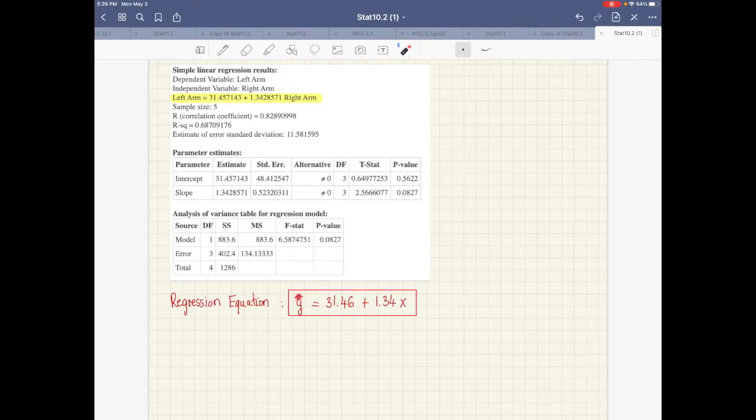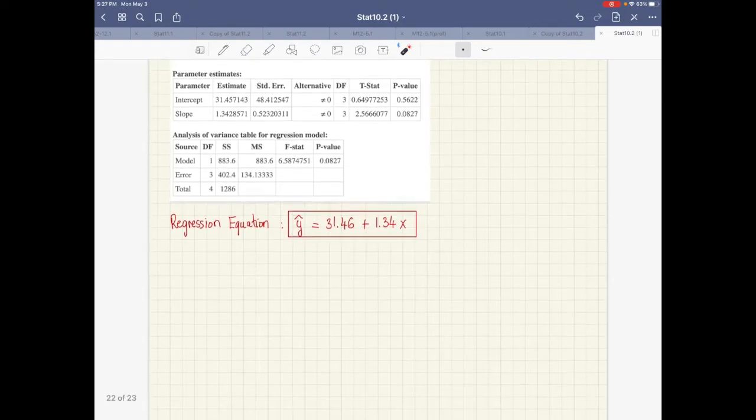So, I am wondering if I should use this equation in order to predict the y value when x is 100. Before I make a decision, I need to make sure if this is a good model, right? So I can only use this equation if there is a linear correlation between the blood pressure of the left arm and the right arm.